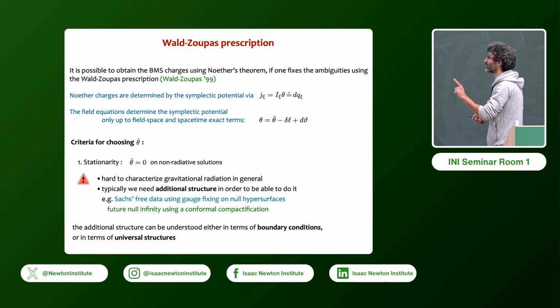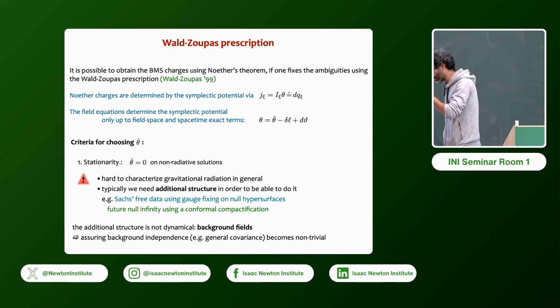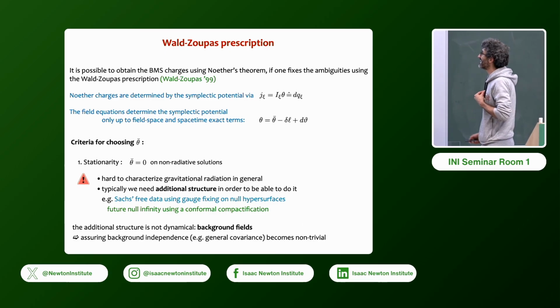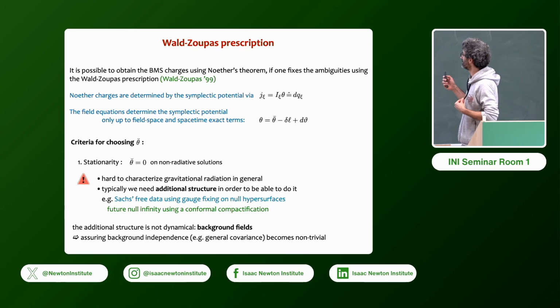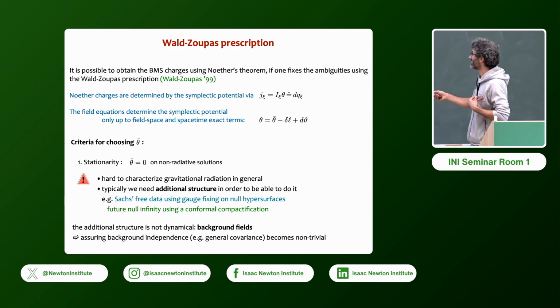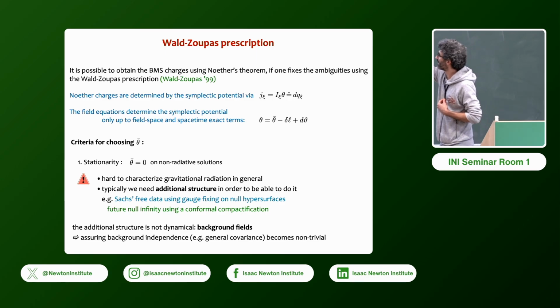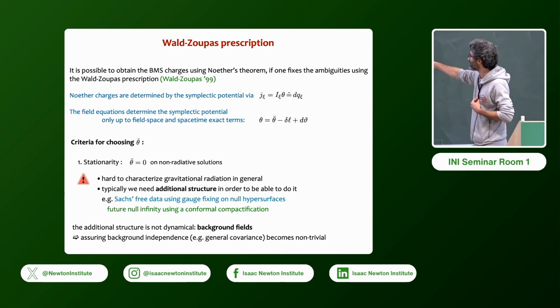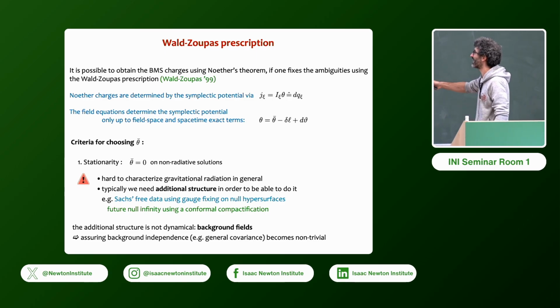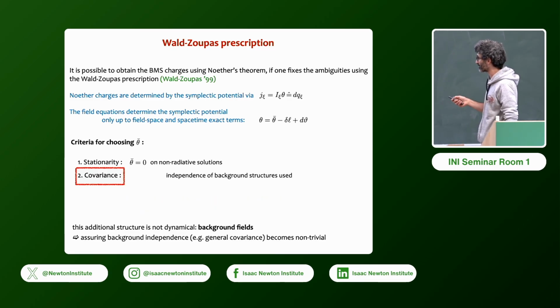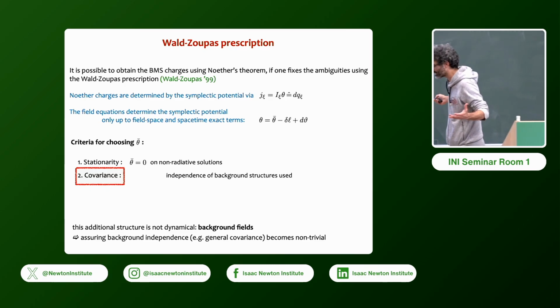And so the very important second requirement that Wald and Zoupas added is that you need to make sure that this additional structure you've added does not percolate into your choice of symplectic potential. So you want your symplectic potential to be general covariant, namely not depend on any of these choices. That's the second requirement, the requirement of covariance, which you might say is trivial, which you do in GR.